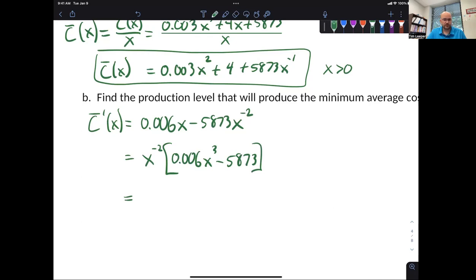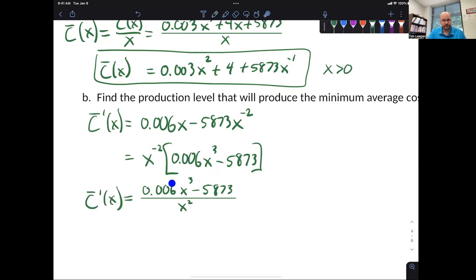Now move the x to the negative 2 to the denominator. That gives me 0.006 x cubed minus 5873, all over x squared. And there we go.